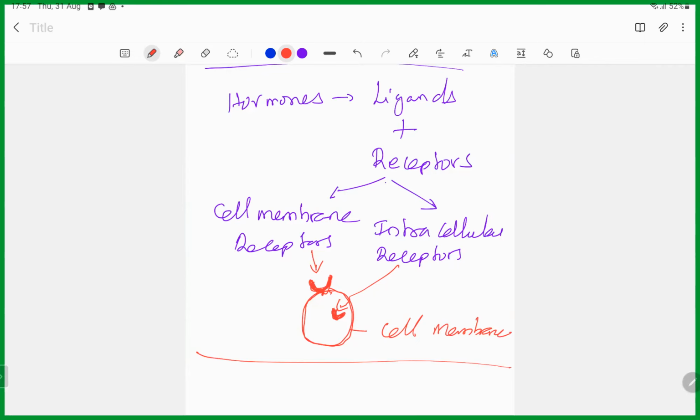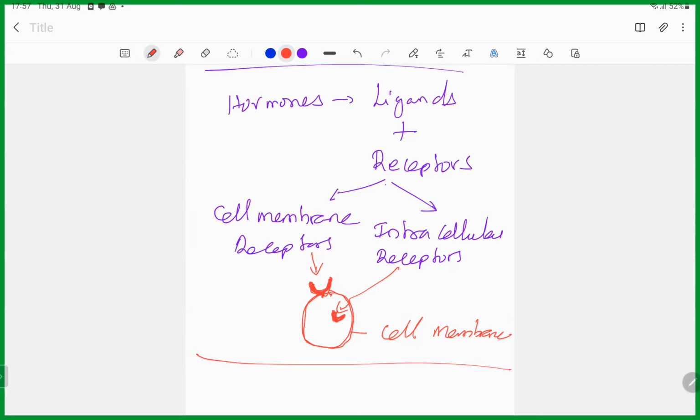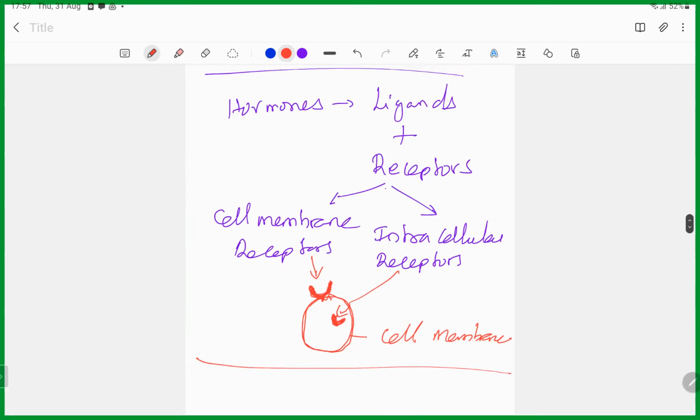So coming to the glands. You know the glands. What are the glands? You list them, I'm going to write from the head region. Did you copy it?